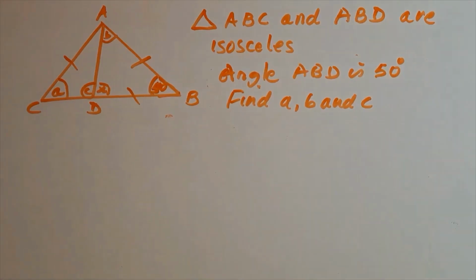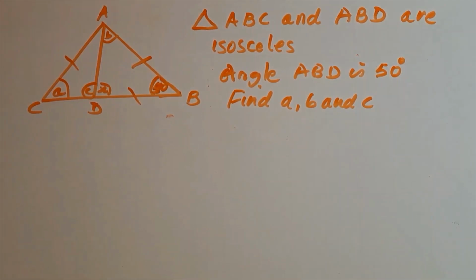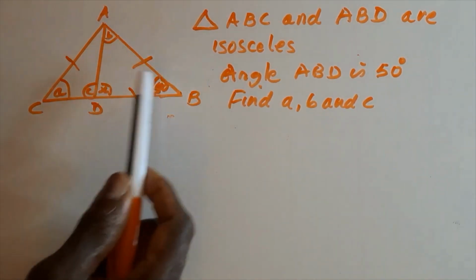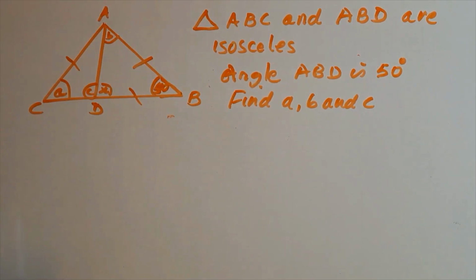Hello. Triangle ABC and ABD are isosceles. So ABC is the outer and ABD is this one here on the right. They're both isosceles.